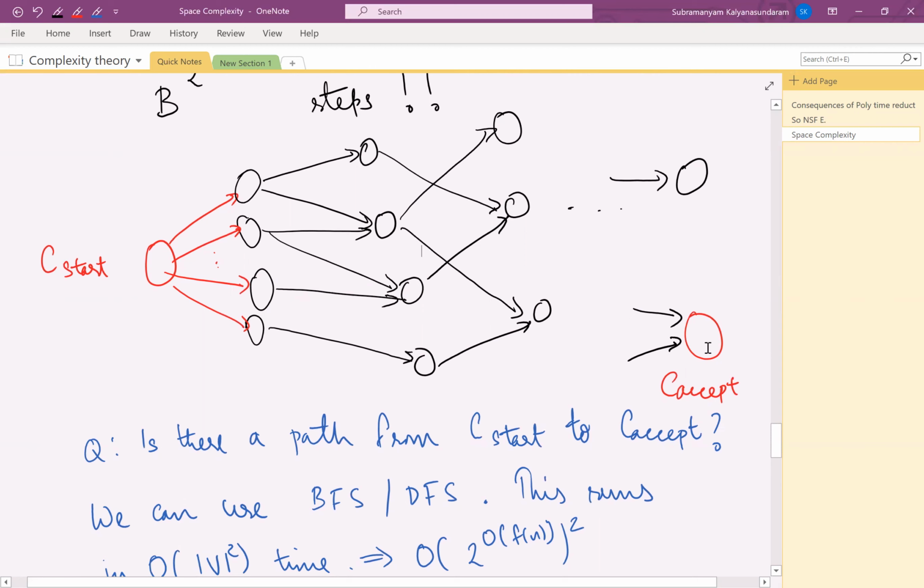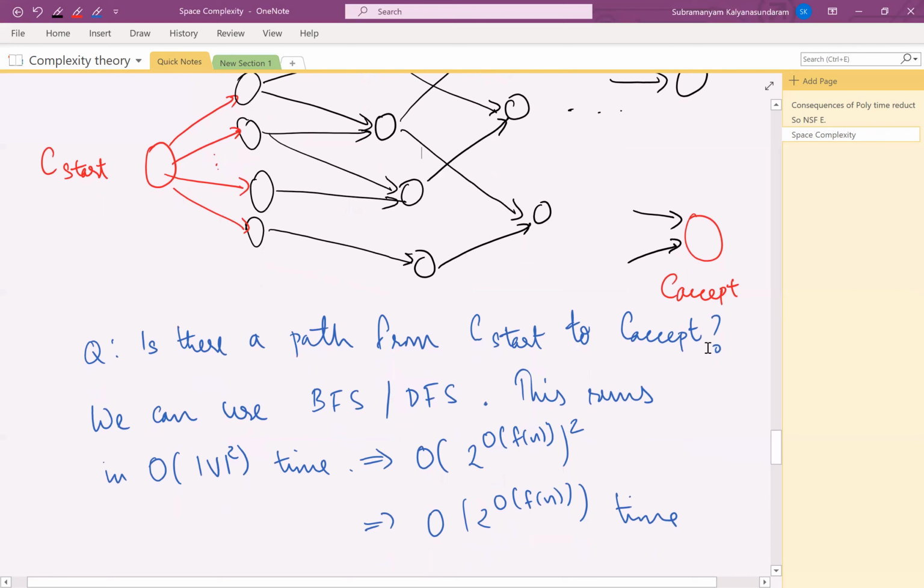Okay, what does this remind you of? Given a directed graph, how do you check whether there is a path from vertex A to vertex B? We could use standard traversal techniques like breadth first search or depth first search. And this takes V plus E time, where V is the number of vertices and E is the number of edges. But the number of edges is at most the number of vertices squared. So this runs in order V squared time in the worst case, where V is the number of vertices.